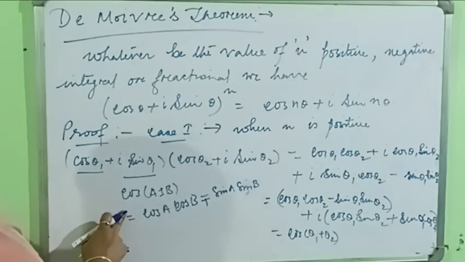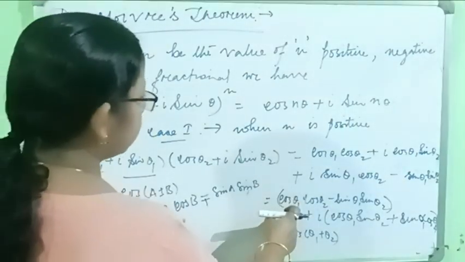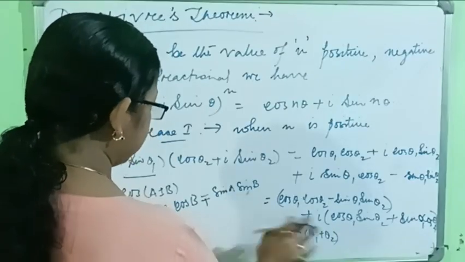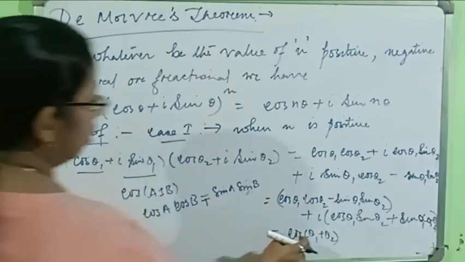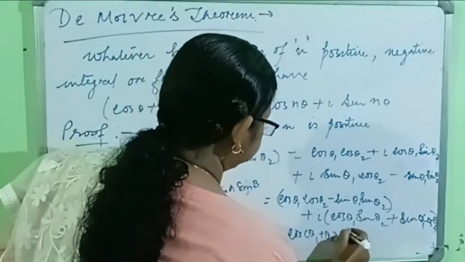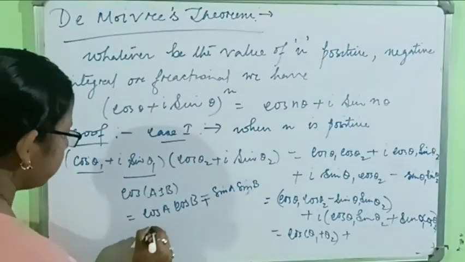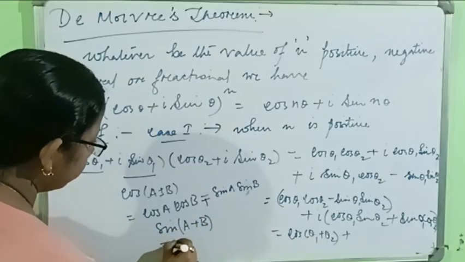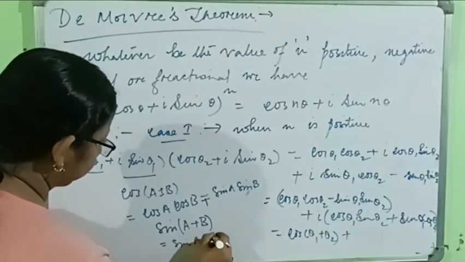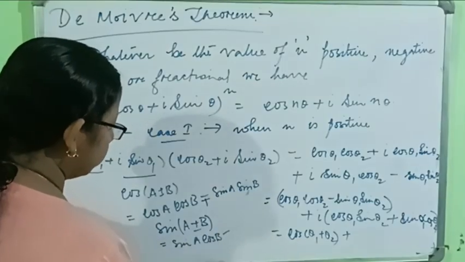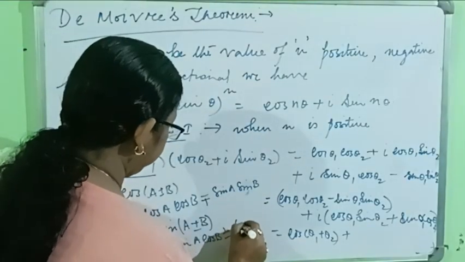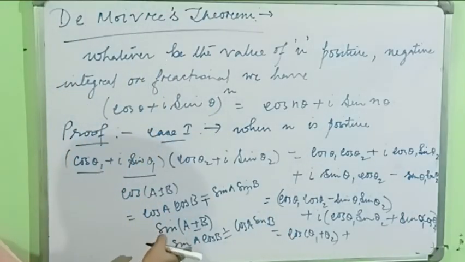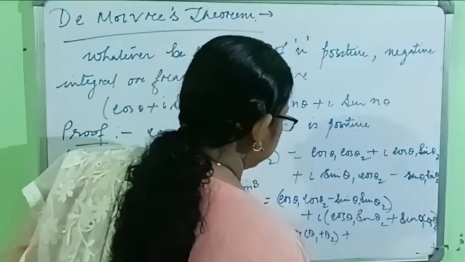So using this formula, in place of A, I am taking theta 1, and in place of B, I am taking theta 2. So this formula will be cos theta 1 plus theta 2. Then again using this formula, so here use this formula for this part, you will get this.